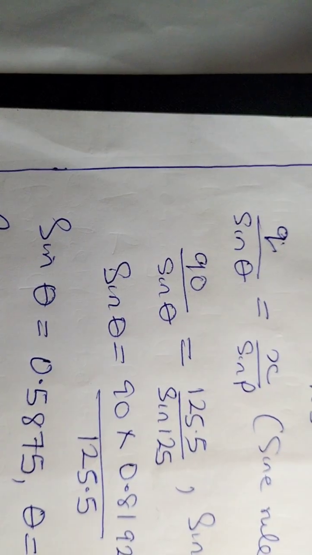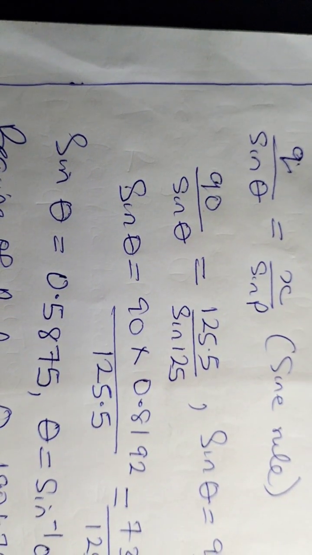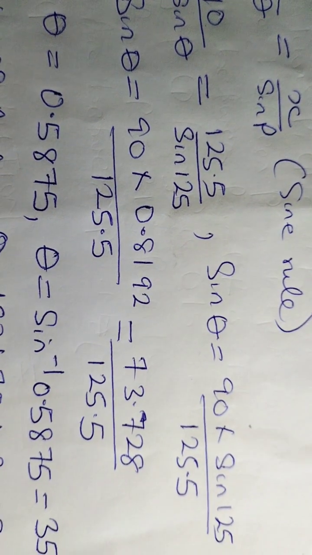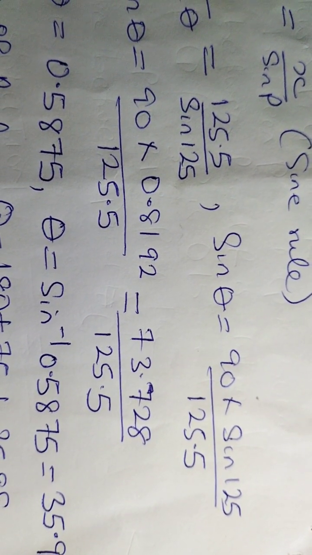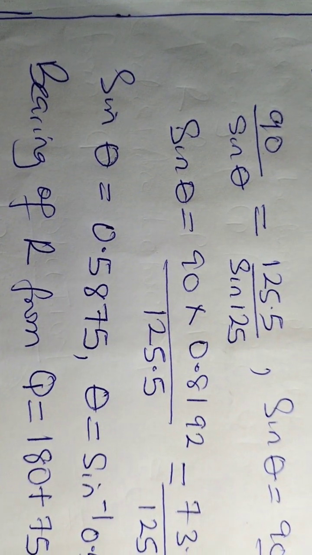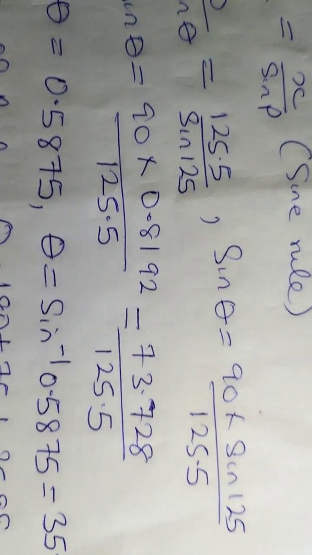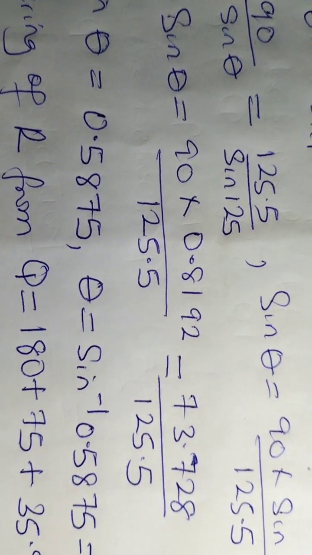Then we'll have 90 over sine theta equal to 125.5 over sine 125. Then making sine theta the subject, sine theta now becomes 90 times sine 125 all over 125.5. Then sine theta becomes 90 times 0.8192, which is sine 125, all over 125.5.